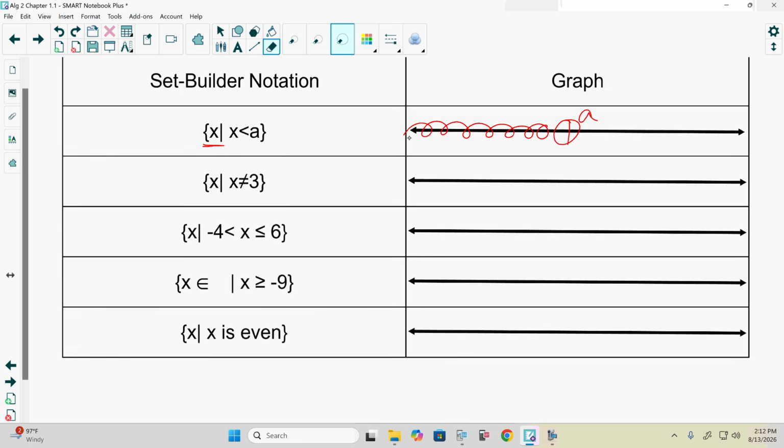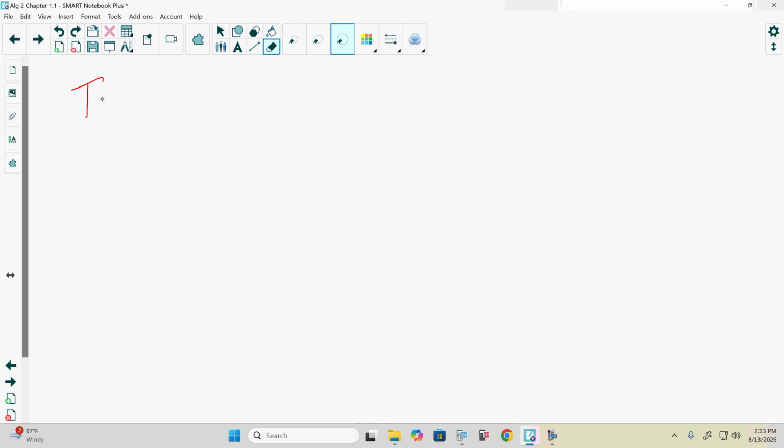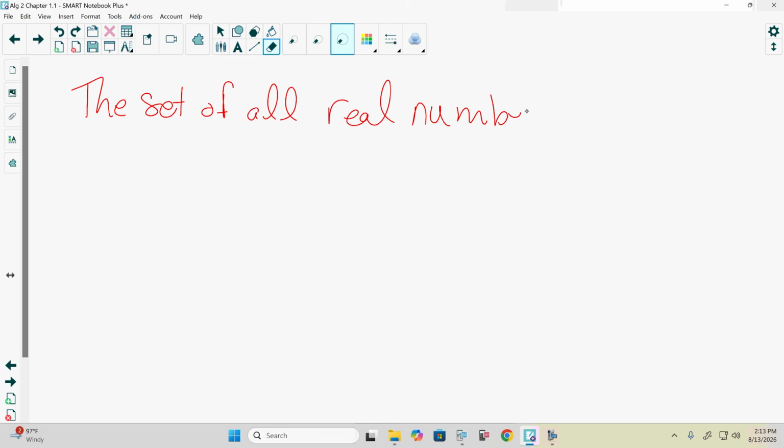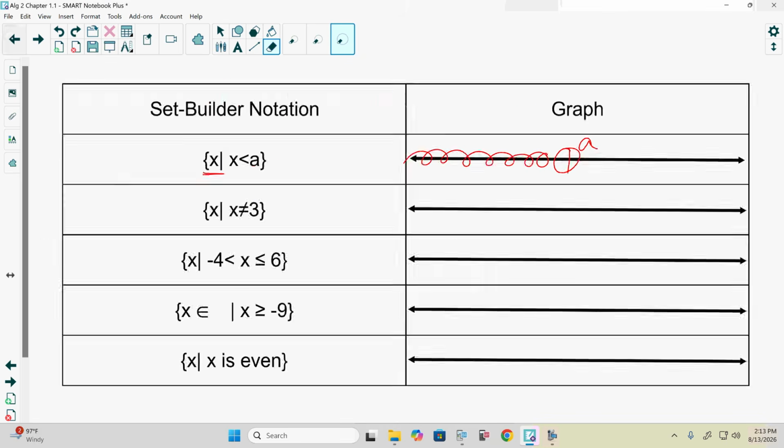Well, that seems kind of tedious. Why would we do this? I mean, the other way to do this is we have the set of all real numbers less than A. So we took that whole sentence and rewrote it into that.